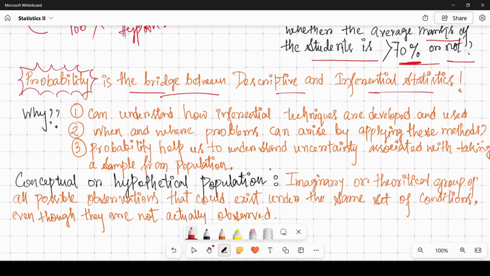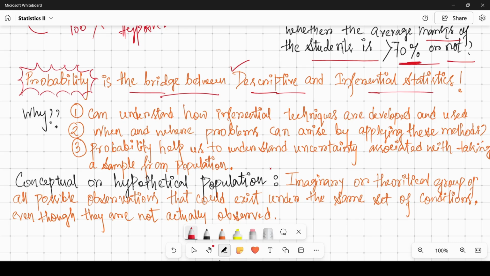You see, when we have a specific data set, maybe it's a sample or population, it can be a single data set. When we implement the descriptive statistical methods, in that case probability will help us to understand the overall population in a better way.